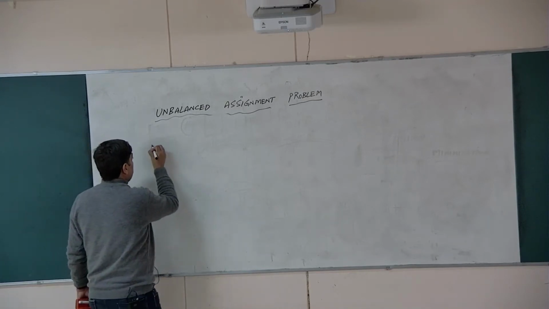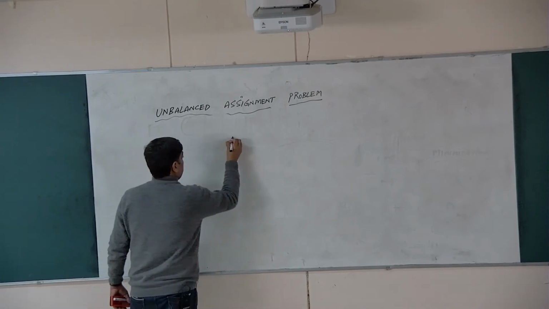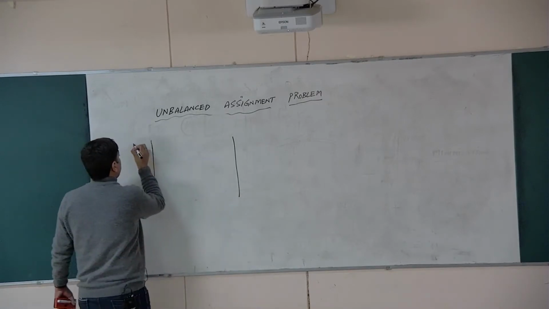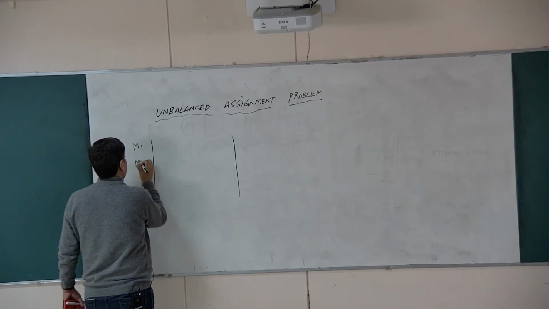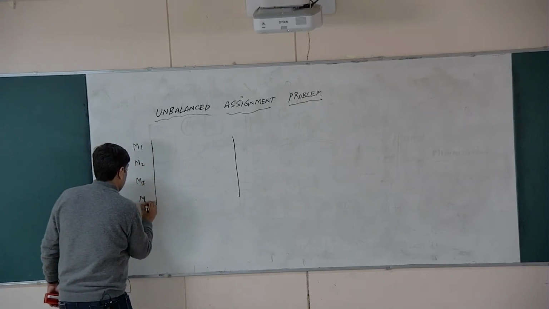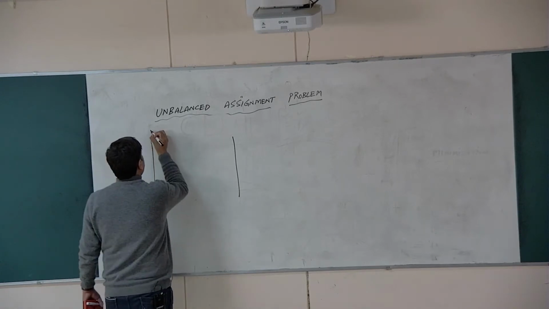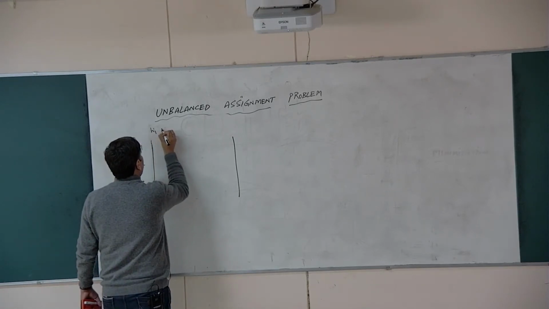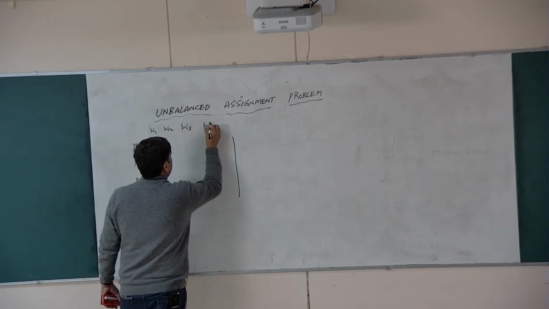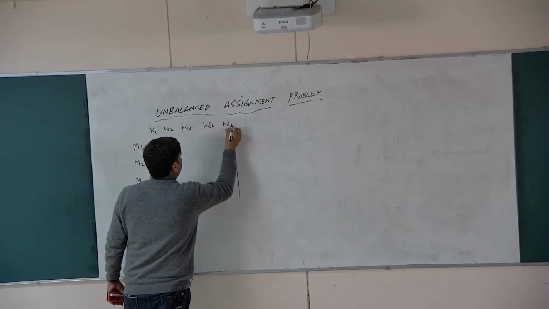Let us say you have a matrix in which you have 4 machines, M1, M2, M3 and M4, and there are 5 workers. I'll write W1, W2, W3, W4 and W5.